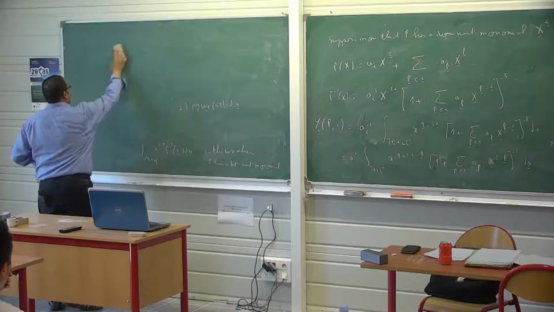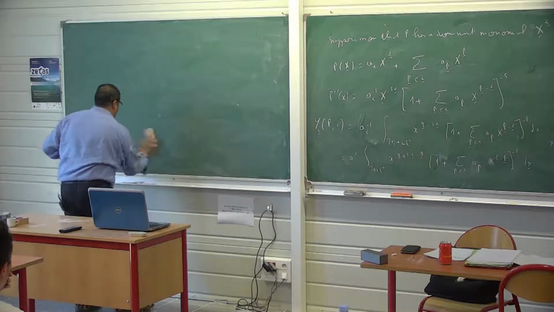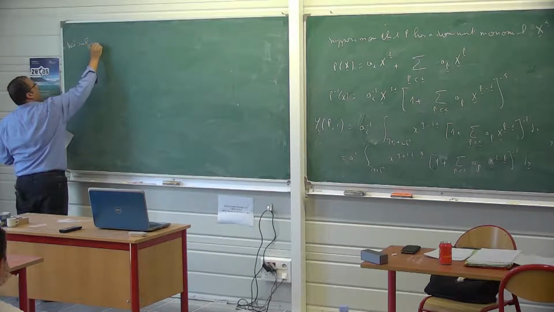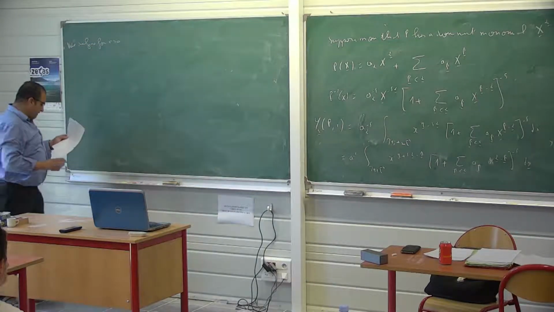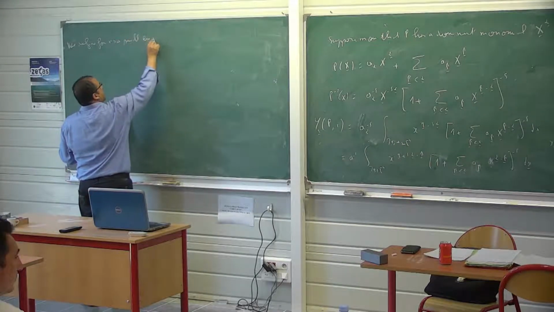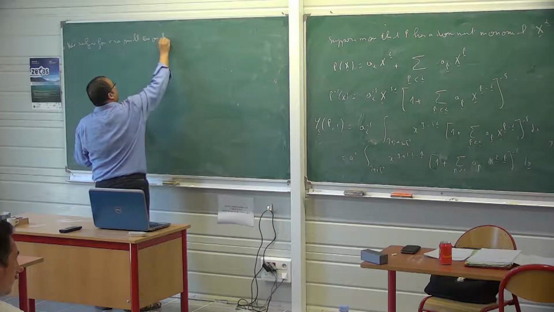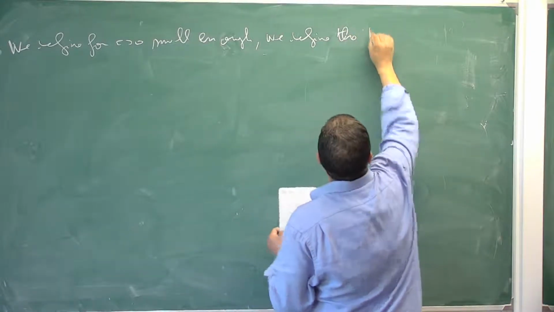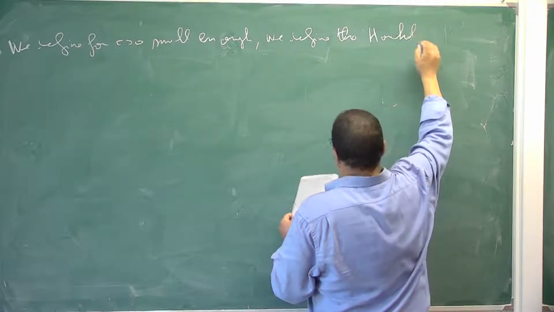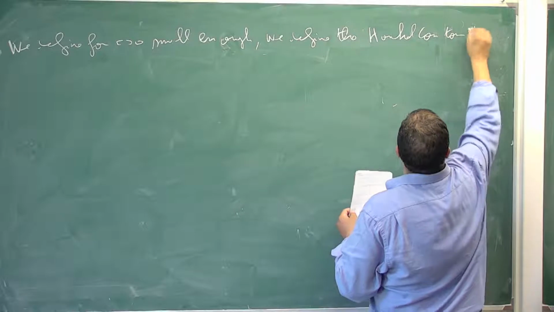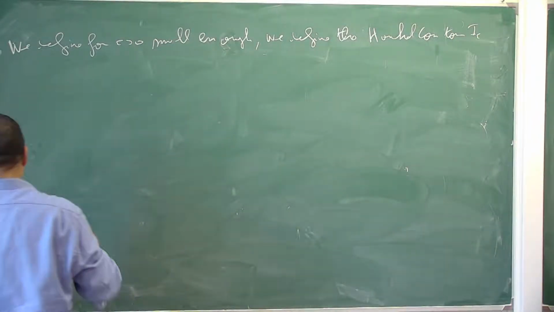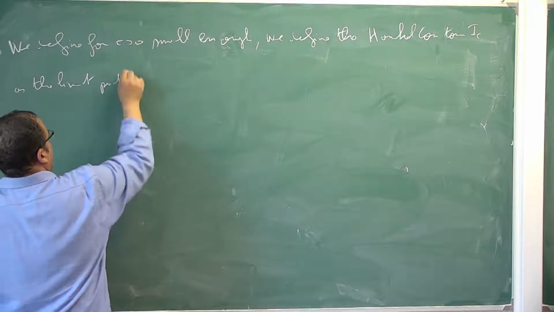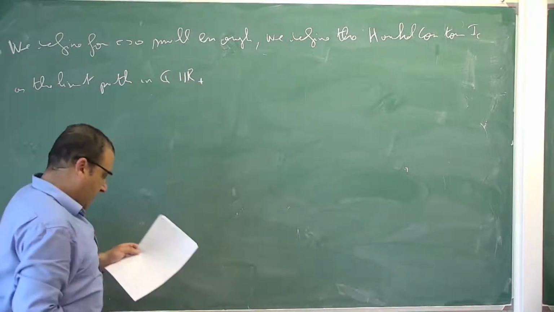So to conclude, we just have to define, for epsilon positive small enough, the Hankel contour E epsilon as the limit path in C minus R plus, defined in this way.